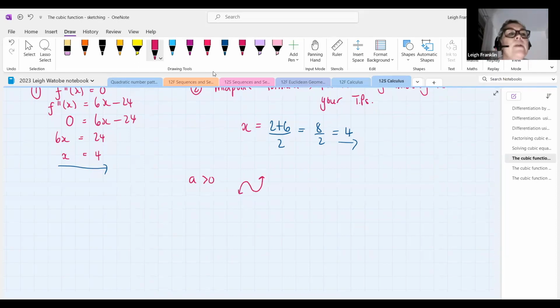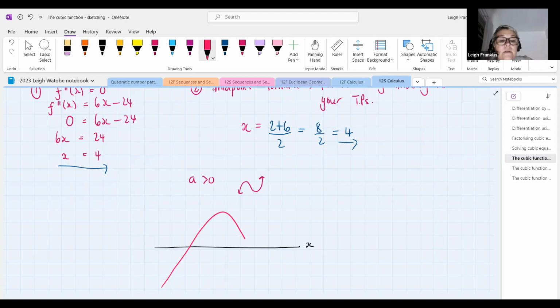So let's give ourselves an x-axis. We know that the graph has an x-intercept that's also a turning point at 6. So that point over there has to be 6 and 0.